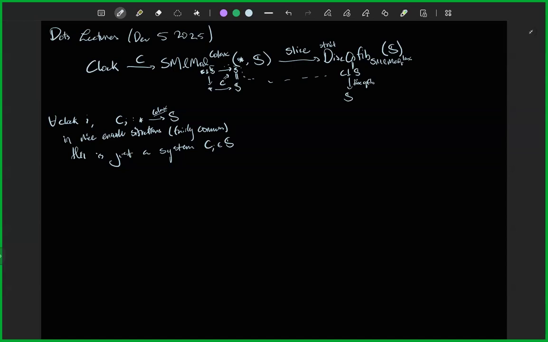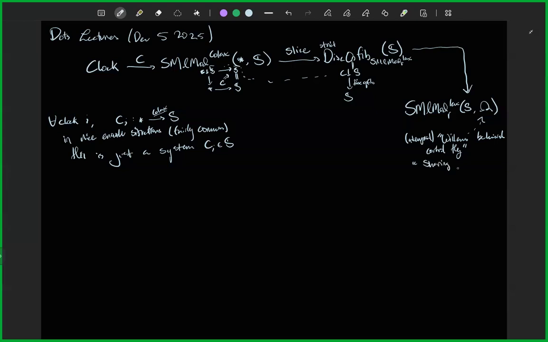And then we have our next thing here, which is that we use the fact that this is the same thing as SML mod R lax from S to Omega, which we talked about last time, where Omega is the systems theory of Jan Willems' behavioral control theory, or atemporal, I should say, i.e. sharing variables in pure sets.